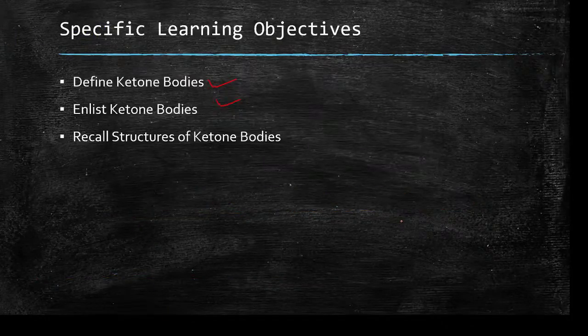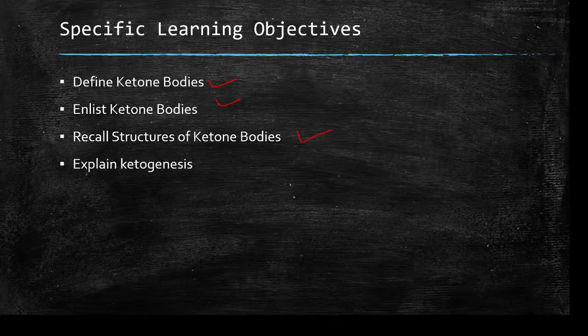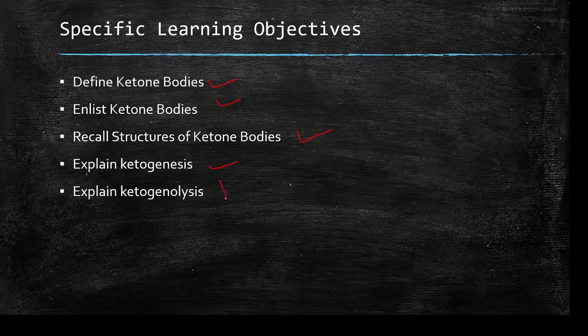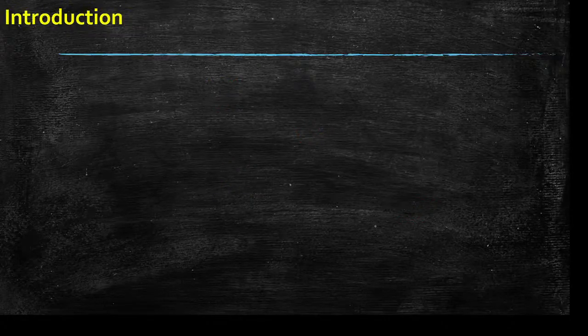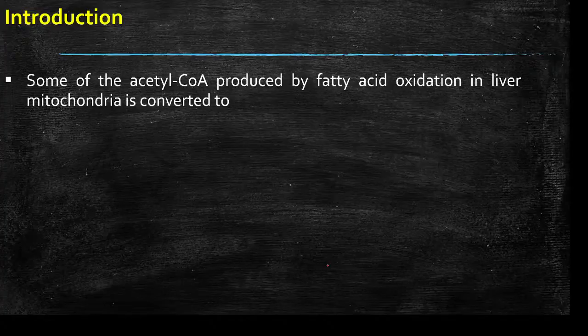Okay. Then the next objectives are to recall structures of ketone bodies, explain ketogenesis, explain ketolysis, and recall the significance of ketogenesis and ketolysis. Okay, so these are the objectives.